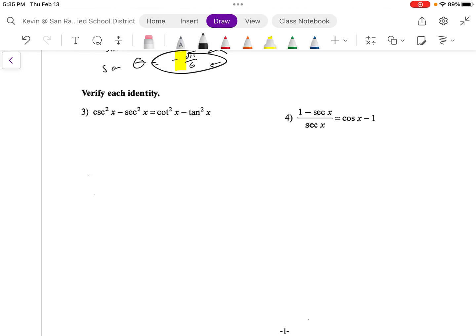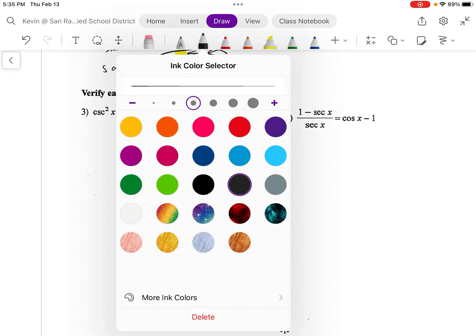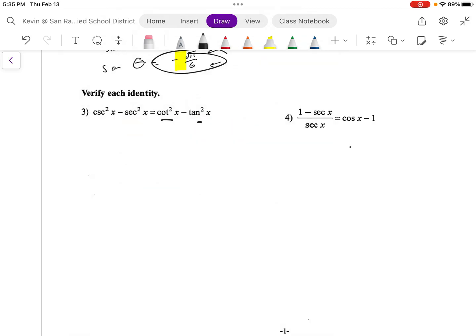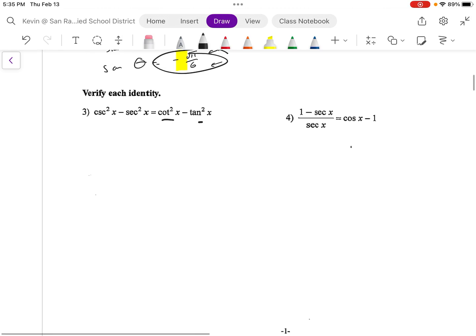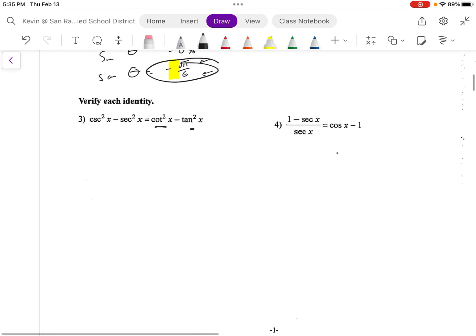We could pick either side. Pick a side. Let's see, I'm going to do the left side. Since these are in terms of cotangent and tangent, let's go with cosecant squared x equals cotangent squared x plus 1.